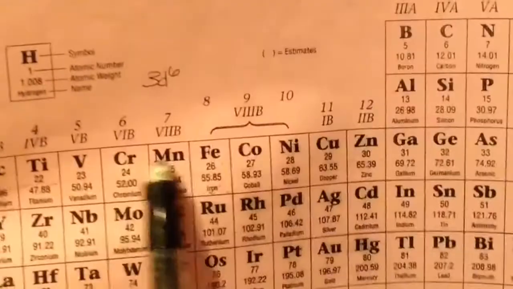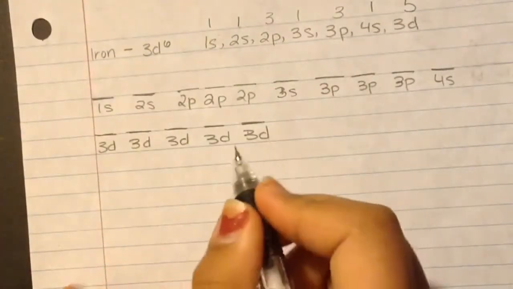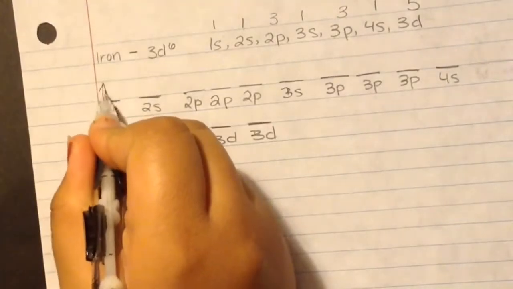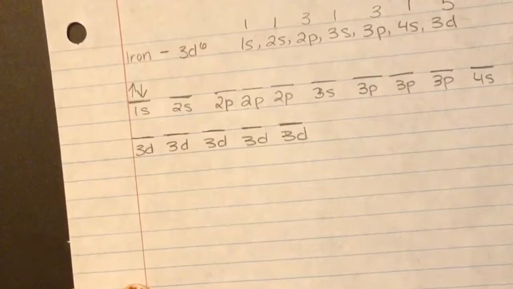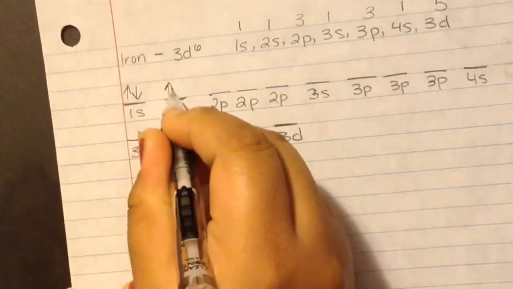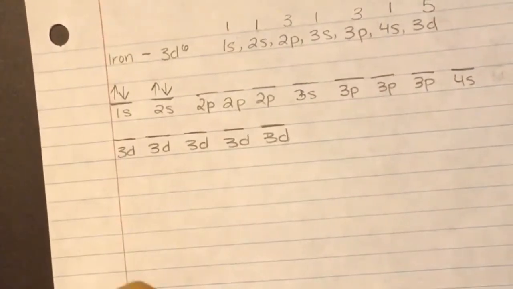So that's like complete, kind of. So this would be up and down because the section is complete. So this would also be up and down because that section is also complete. It's already past the section 2s.